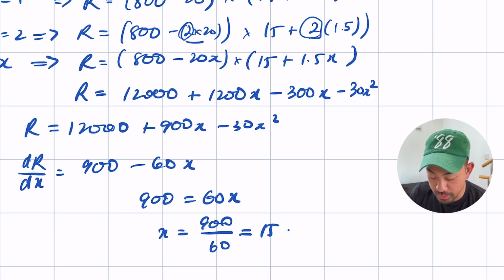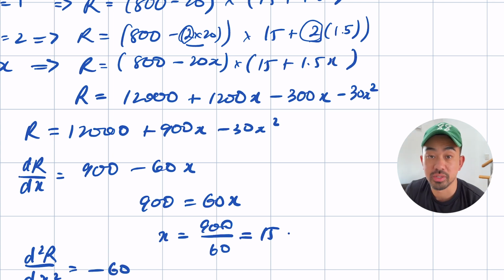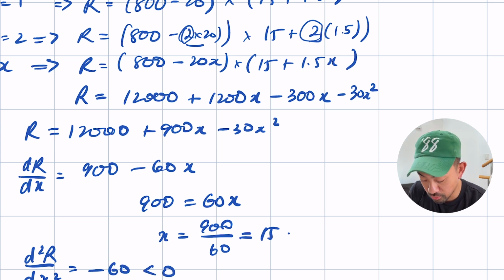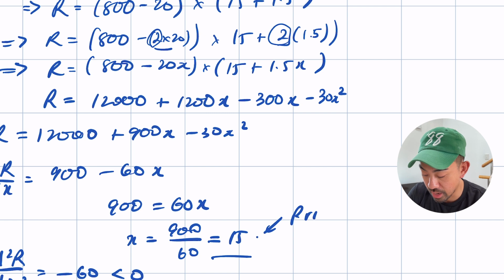Okay, so that could be a max, but we just want to differentiate again to check that it definitely will be. Differentiating again, you get minus 60. Obviously, minus 60 is always less than 0, so therefore you are going to get a max. So therefore, 15 will be the optimal number of price increases.